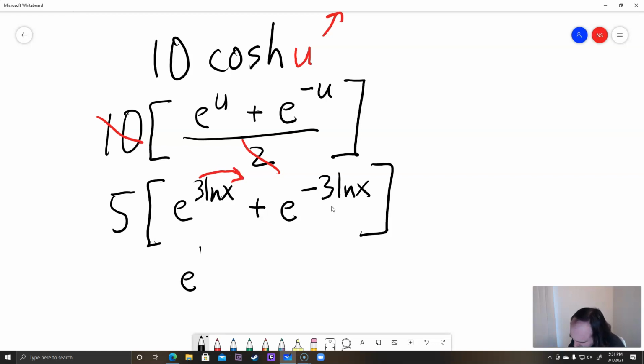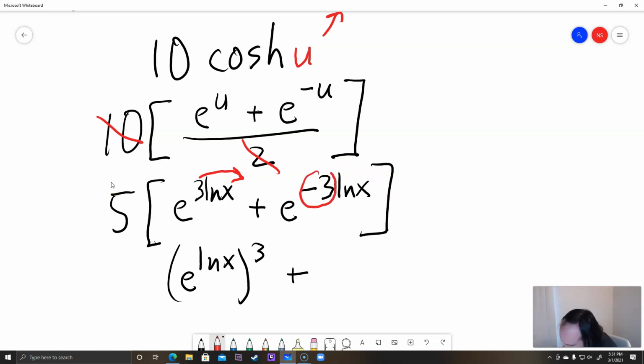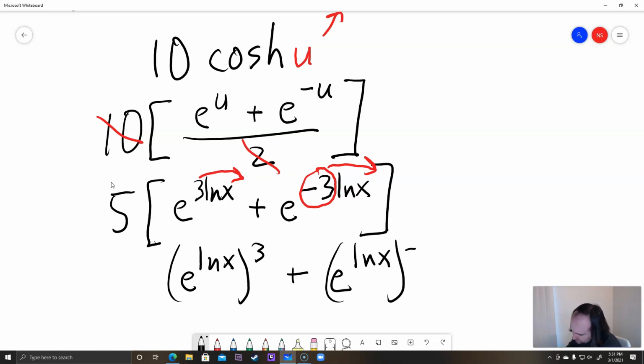Okay, so we're actually going to have e to the ln of x raised to the 3rd power for the first one. And for the second one, I can bring this negative 3 out into the exponent also. So we're going to have e to the ln of x raised to the negative 3 power.